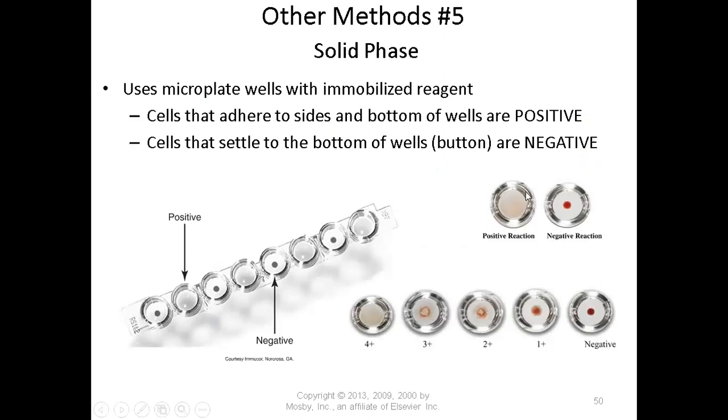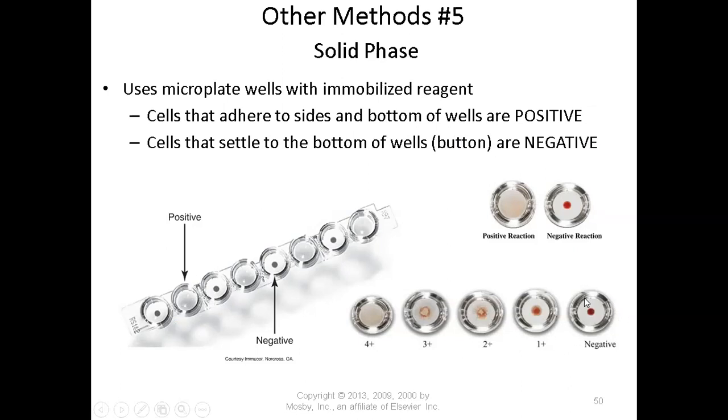So here you can see that dispersed cells are positive. Cells that form a button would be negative. So you can see how interpretation varies depending on the method that you are using. We can look at this whole strip here. This would be negative, negative, negative, negative, positive, positive, positive, positive.